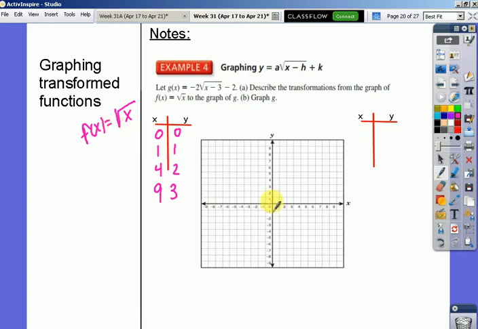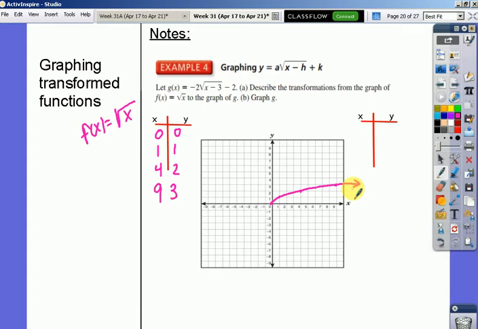So 0, 0, 1, 9, 4, 2, 9, 3. Describe the transformations from the graph of the parent function to the graph of g and then graph it.